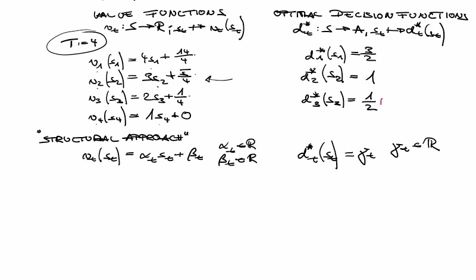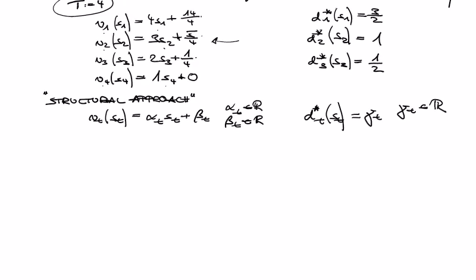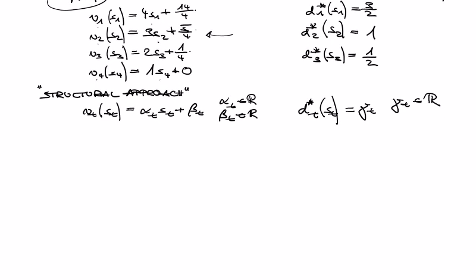Now, what one then can do with such a guess is to prove that this guess actually holds, and also get explicit recursive formulas for these numbers. Of course, one thing is that the value function takes this form, a number times the state plus another number, and the optimal decision function just takes a state-independent number.